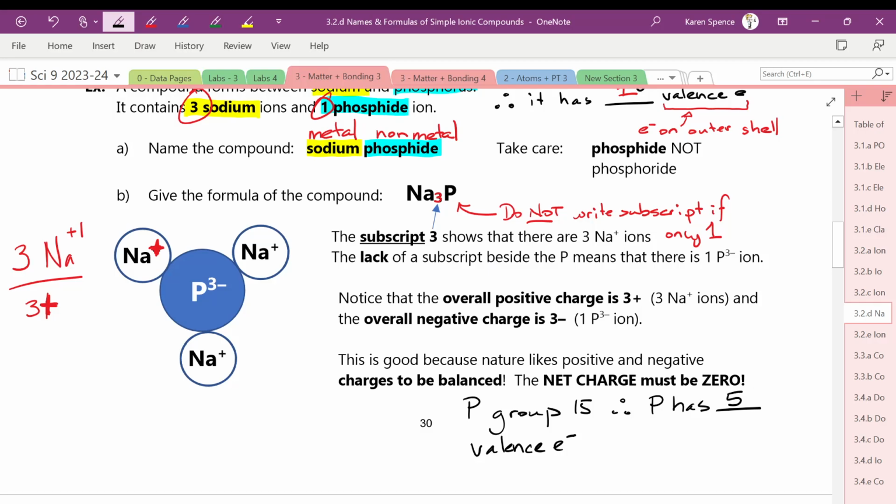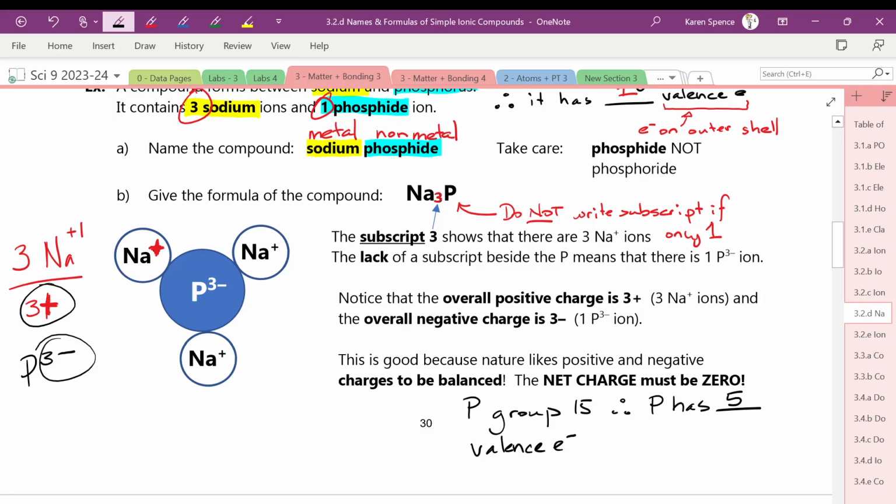Now, if an atom has 5 electrons in its outer shell, does it want to lose electrons or gain electrons? It wants to gain. How many? 3. If it gains 3 electrons, what does its charge become? -3. And that's why phosphide ion is P3 minus. So that means our total positive charge is 3 plus.